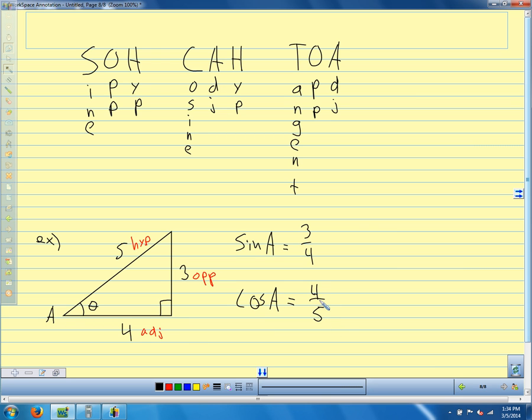Yes? Oh yes, 3/5. I picked out the wrong one for that part. 3/5, thank you. Because 5 is our hypotenuse. And then the tangent of A is the opposite over adjacent. That's what I wrote over here. 3/4. And that's how we find our sine, cosine, and tangent using SOHCAHTOA.